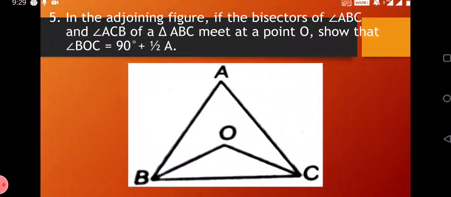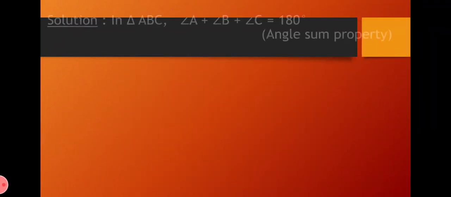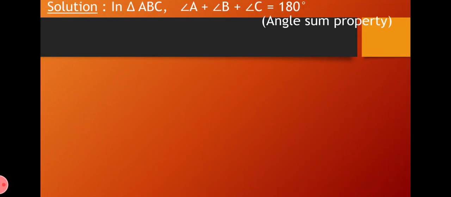We have to prove like this. So for solution, let's see. In triangle ABC, angle A plus angle B plus angle C equal to 180 degree. According to angle sum property, the sum of all the three angles of a triangle is 180 degree.